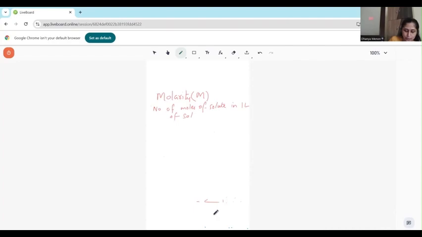If I say 2M, capital M is how you denote molarity, 2M of NaOH, that means I have 2 moles of NaOH in 1 liter of solution.